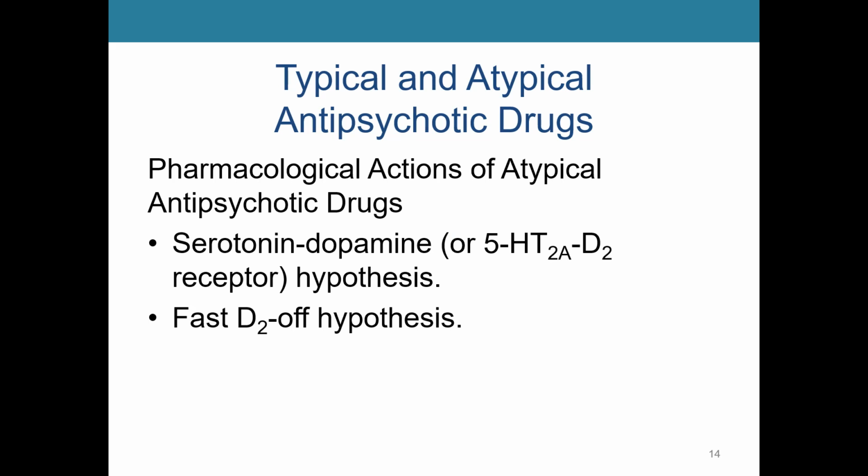The fast D2 off hypothesis states that atypical antipsychotic effects derive from a rapid dissociation of the antipsychotic drug from the D2 receptor. Atypical antipsychotic drugs do not block the D2 receptors for as long a time as typical antipsychotic drugs do.